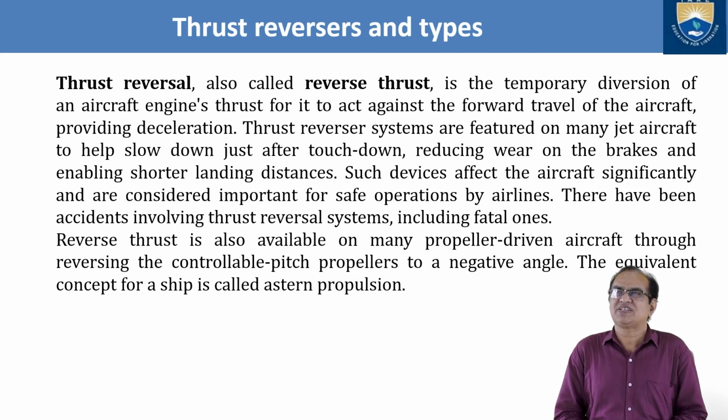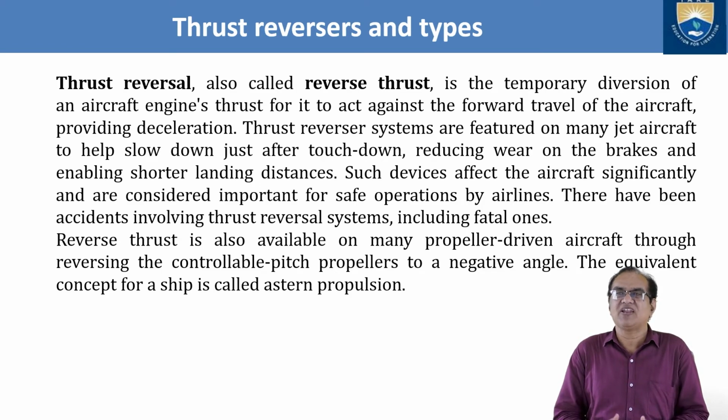Thrust reversal systems are featured on many jet aircraft to help slow down just after touchdown, reducing wear of the brakes and enabling shorter landing distance. So it avoids the wear and tear of the brakes and reduces the landing length. Such devices affect the aircraft significantly and are considered important for safe operation by airlines.